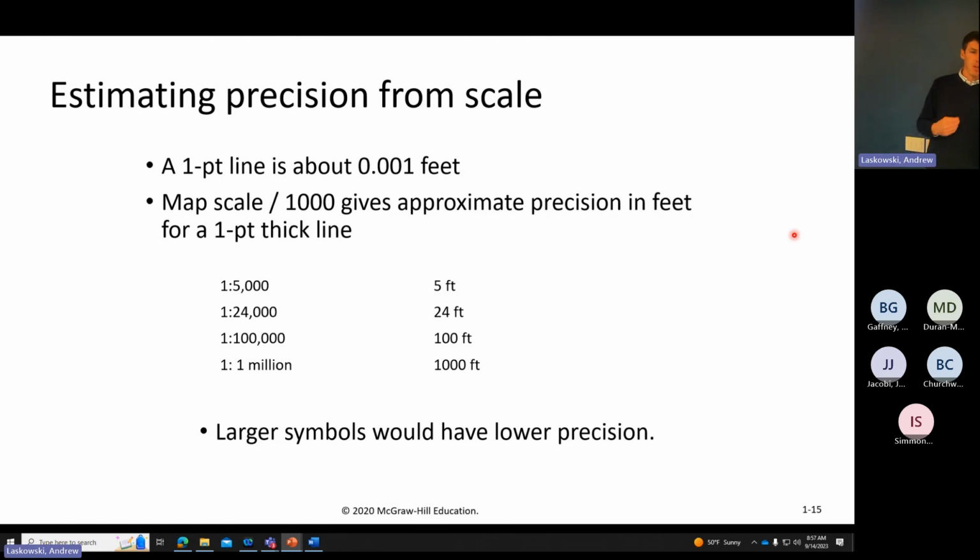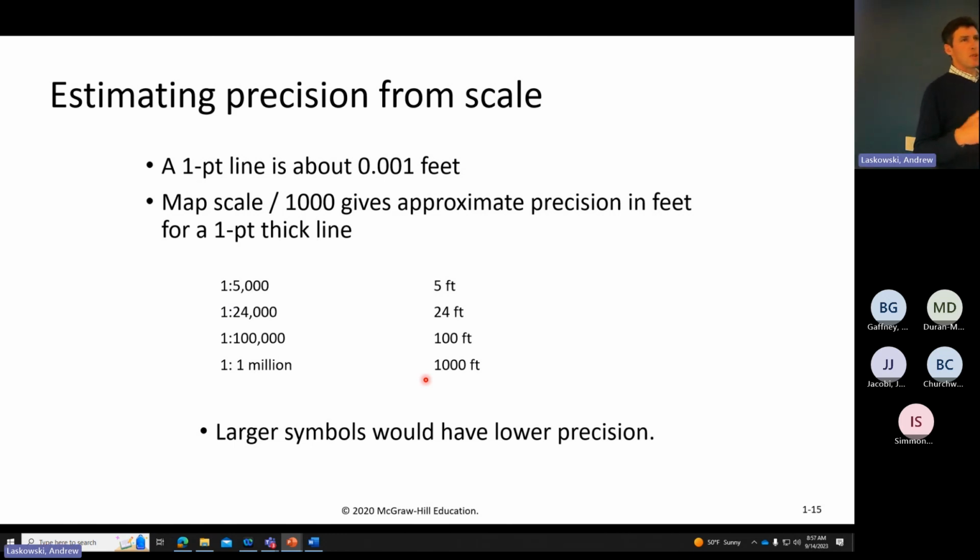So if we divide our map scale by 1,000, that gives us the approximate precision of a 1 point line on a map. So for a small scale map, like 1 to 1 million, a 1 point line might have a thickness on the ground of 1,000 feet.